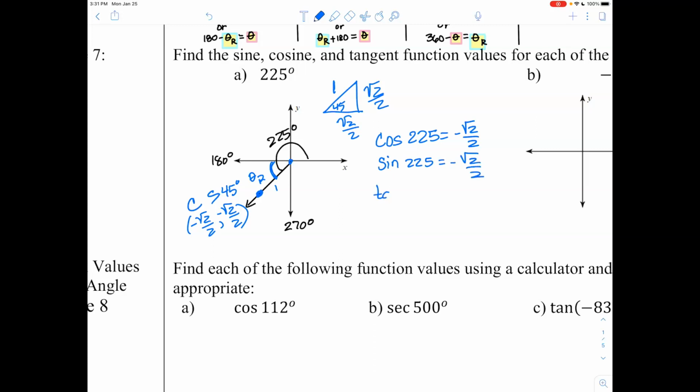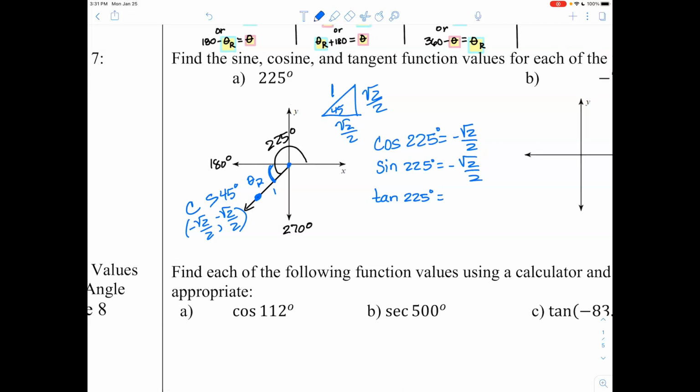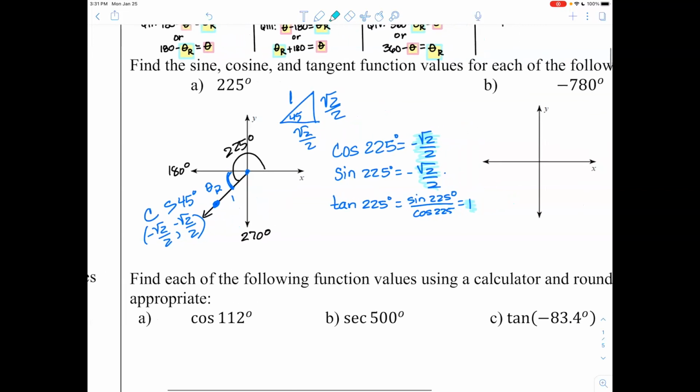To find the tangent of 225, if you recall yesterday, and I better put degrees on that so it doesn't say radians, I apologize, tangent of 225 is the sine of 225 divided by the cosine of 225. And so you imagine that I divide that number by itself, I get 1. And so those are your values for cosine, sine, and tangent of 225 degrees.